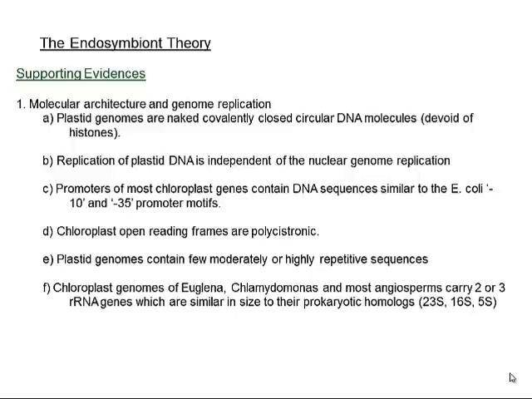The plastid genomes contain few moderately or highly repetitive sequences. Plant genomes are huge. The smallest plant genome, Arabidopsis, is 50 million base pairs. Typical plant genomes are more like 1 billion base pairs. So if you're trying to put a gene into a genome, there's a lot of potential in plant nuclear genomes for recombination.